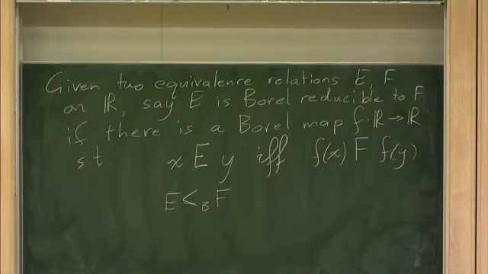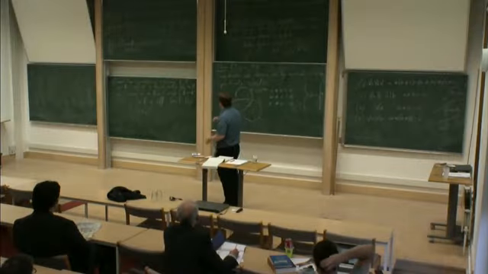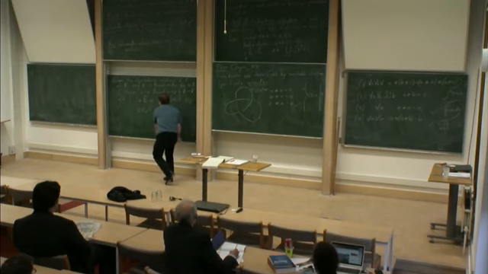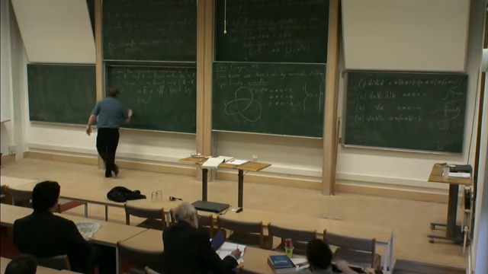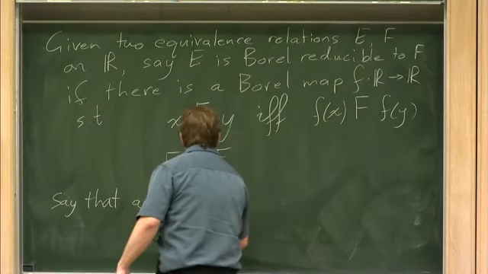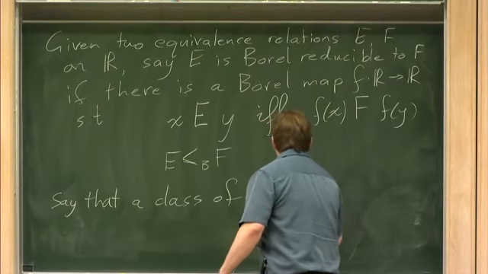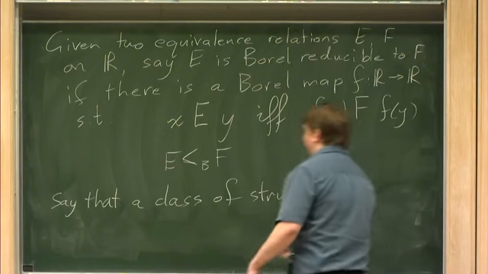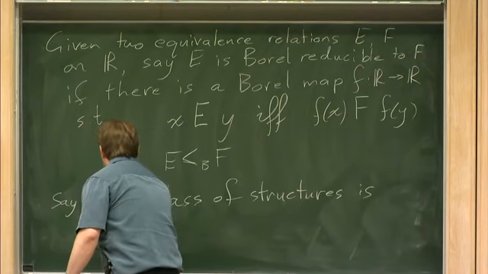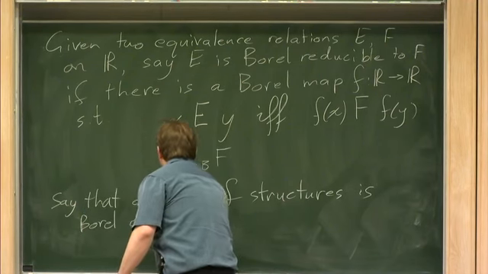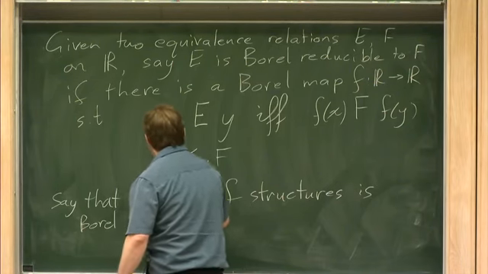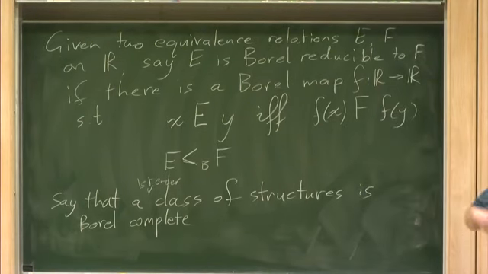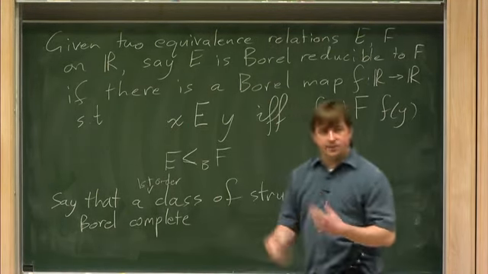So the claim is, we say that a class of structures is Borel complete, I guess what I mean is a first-order class, the usual model theoretic sense of having a signature and all structures for that signature satisfying some theory.